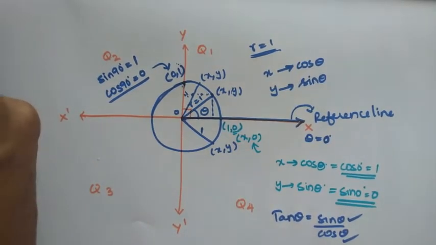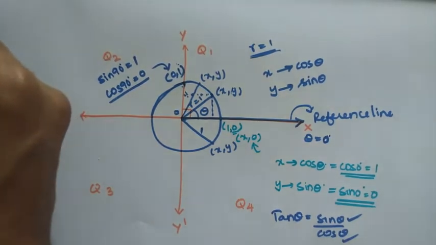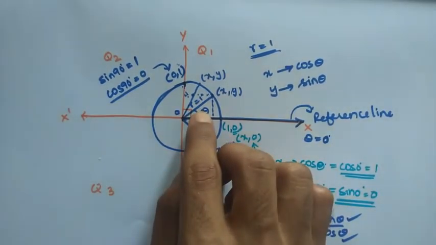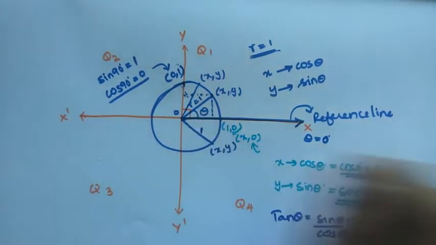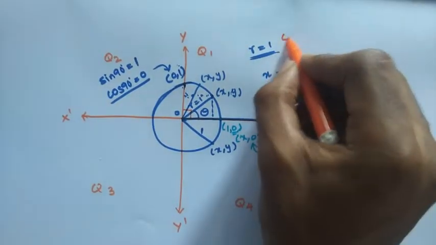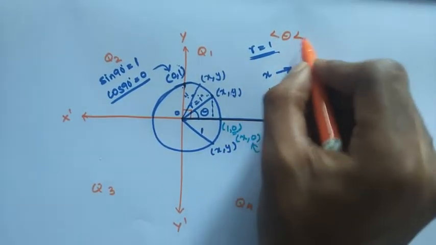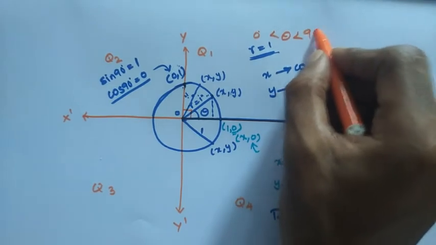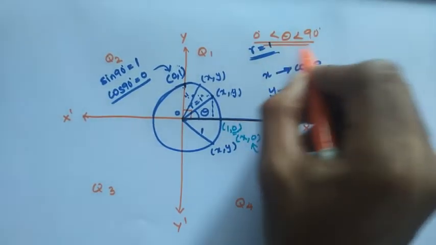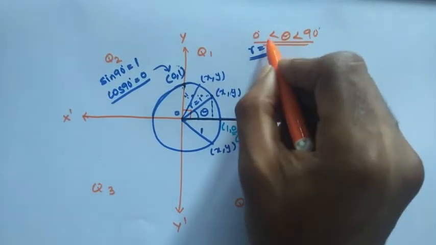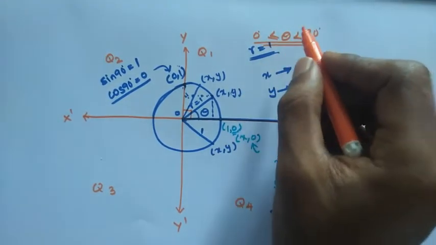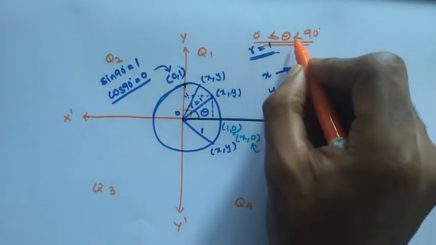Now I told you the theta lies between 0 to 90. If this theta lies between 0 to 90, we learned these values. So for theta equal to 0, 30, 60 and finally 90.